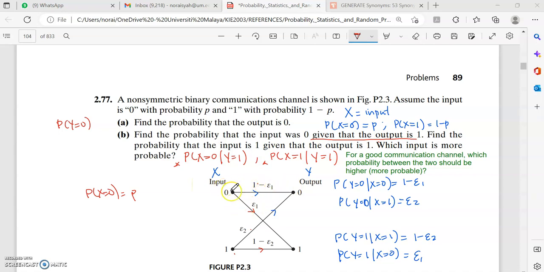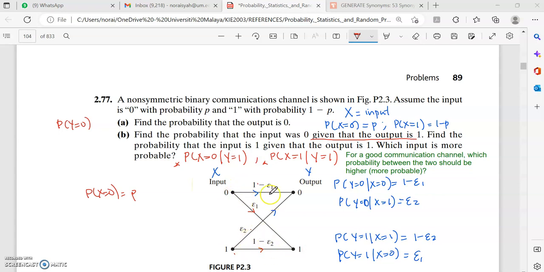When x is 0, it can also receive a 1 instead of a 0, so the output is incorrectly received, and this is the probability of error, epsilon 1. These two add up to 1. Sometimes they only give you epsilon 1 here and epsilon 2 here. You should know that for this branch the value is 1 minus epsilon 1, and for this branch the value is 1 minus epsilon 2.